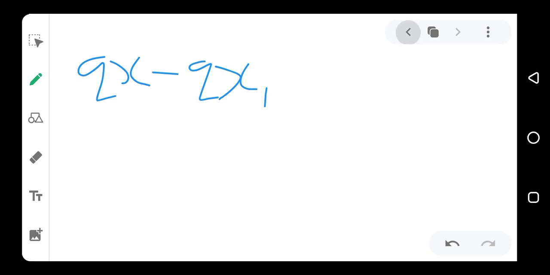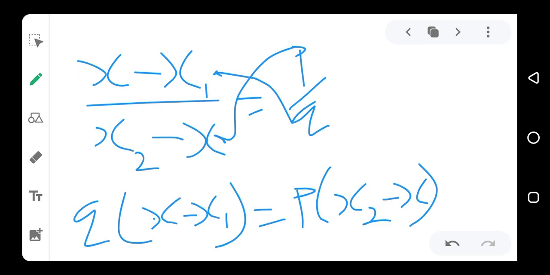So we have that QX minus QX1 is equal to PX2 minus PX.